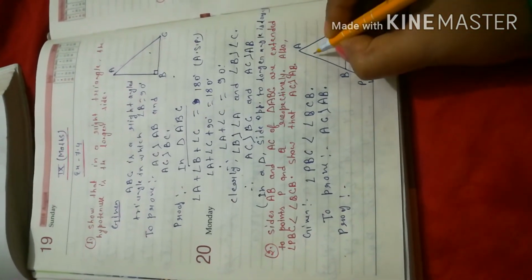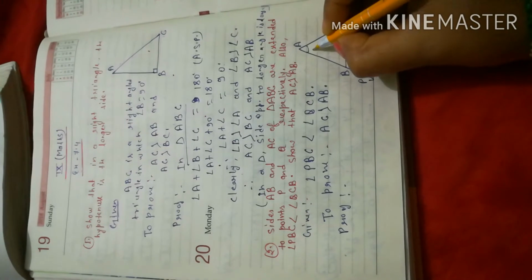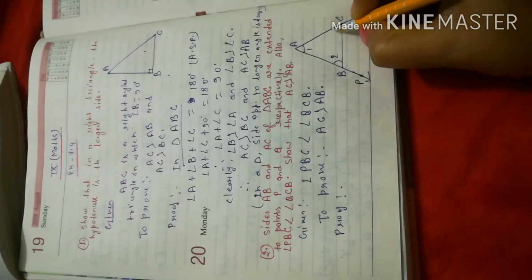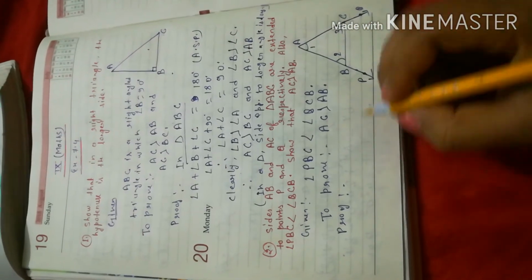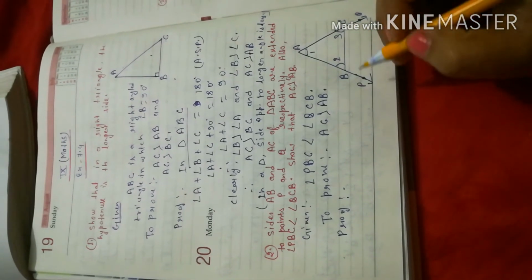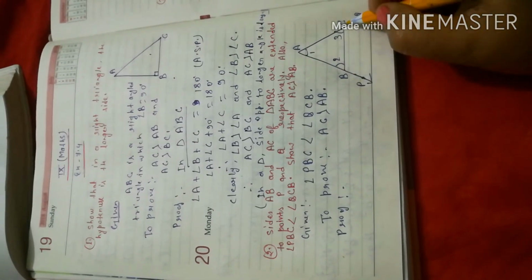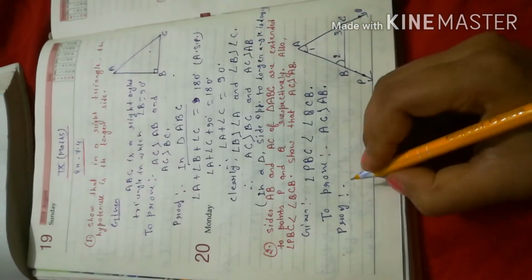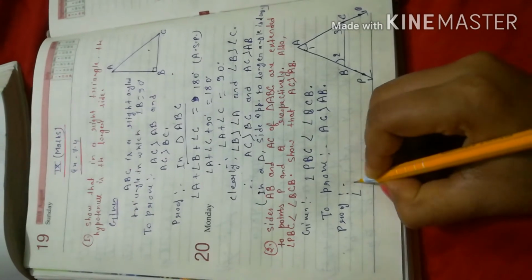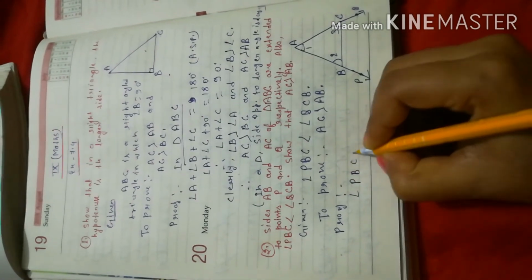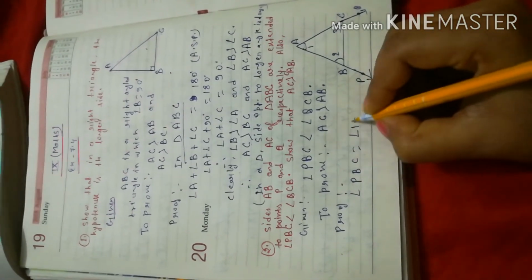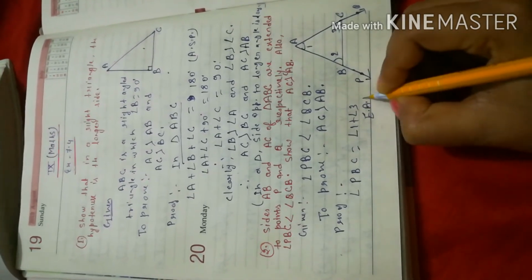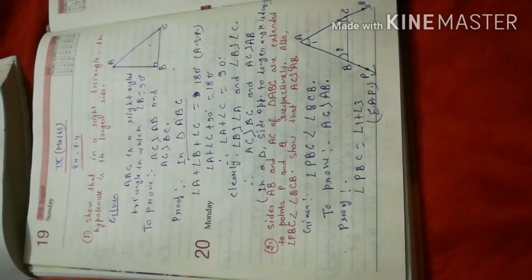Here we can mark angle 1, angle 2, angle 3. We can write angle PBC equal to angle 1 plus angle 3, exterior angle property.